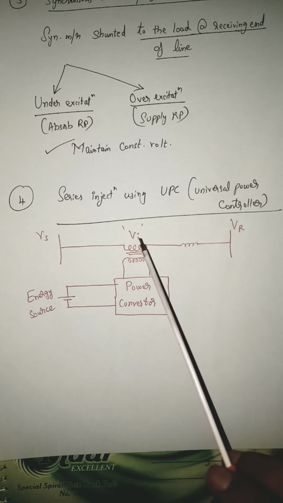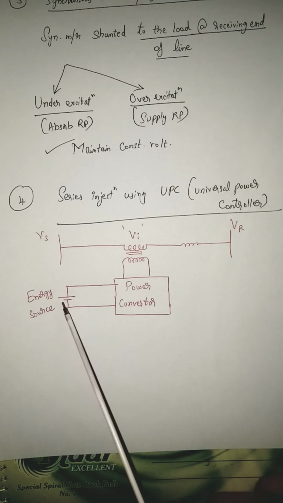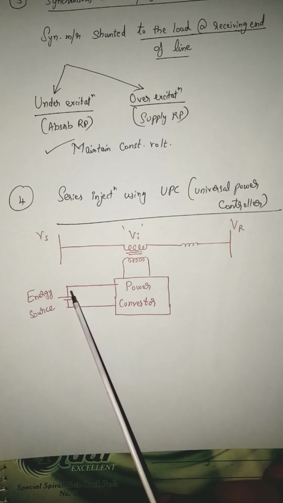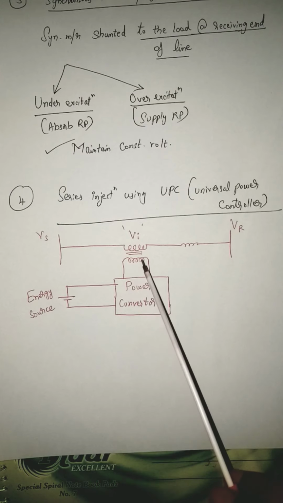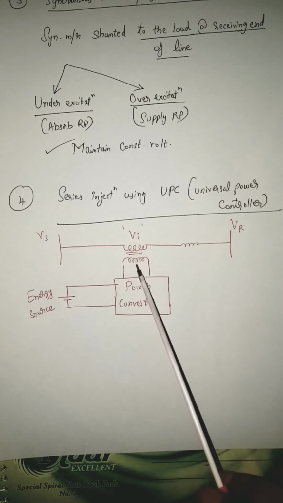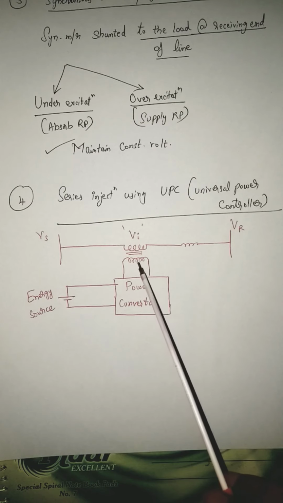So if you want to increase or decrease the magnitude of voltage, that can be done by varying the energy source. And the other advantage is, by varying the firing angle of this power converter, you can adjust the phase difference between voltage and current to 90 degrees exactly. So the current leads the voltage by 90 degrees.